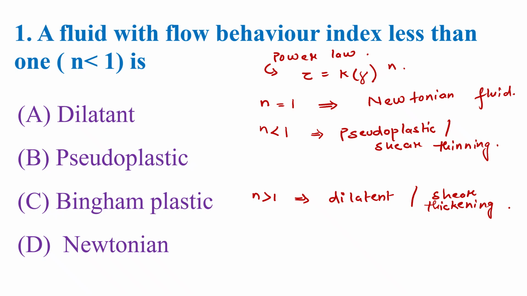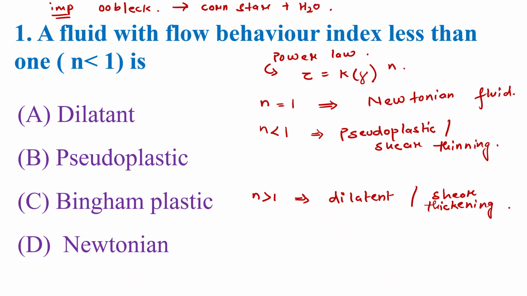Cornstarch and water, there's a term which is known as oobleck. This is also important. Cornstarch plus water is an example of dilatant or shear thickening.